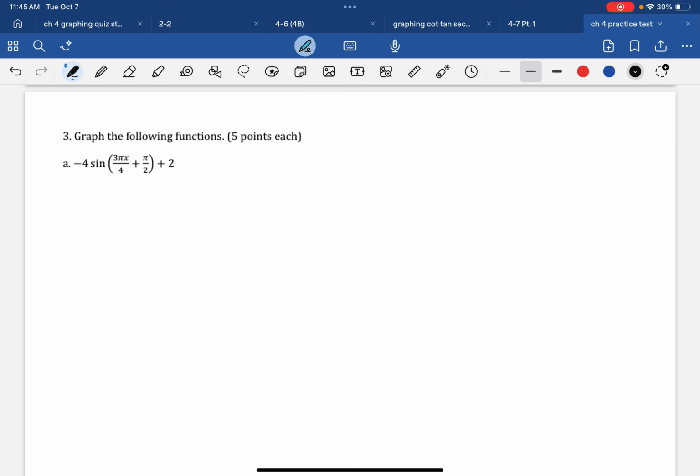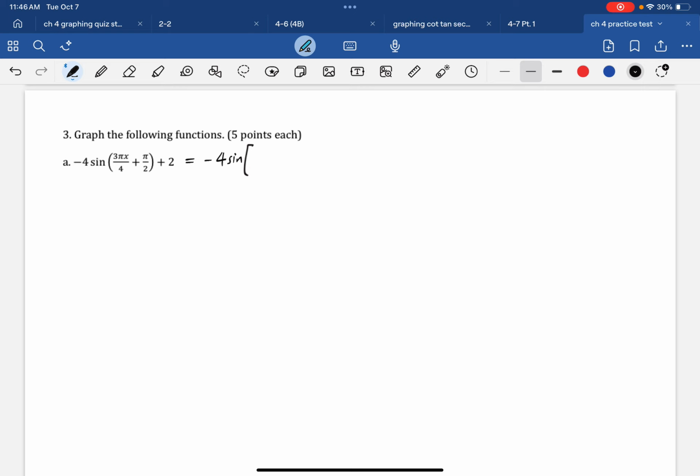So a good idea is to start off by listing all of the different characteristics of our graph: period, maximum, minimum, etc. Actually maybe the best first step is to factor the inside of the parentheses. Of course, it is only by factoring the inside of the parentheses that we can actually correctly determine the horizontal shift. So here, the horizontal shift is not pi over 2.